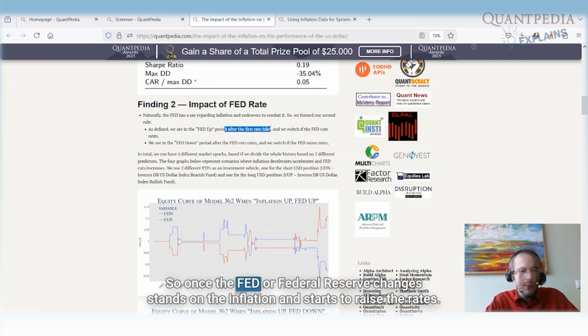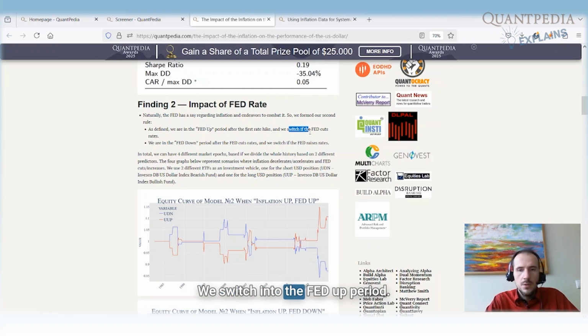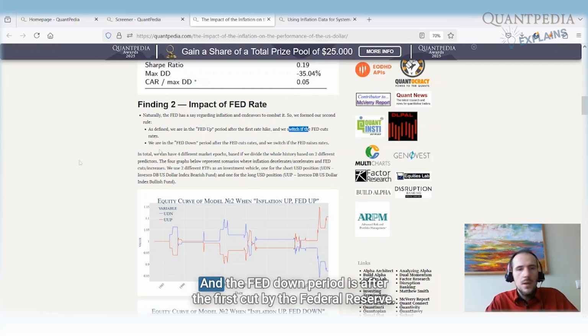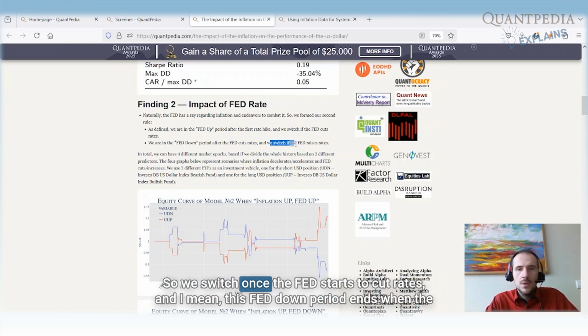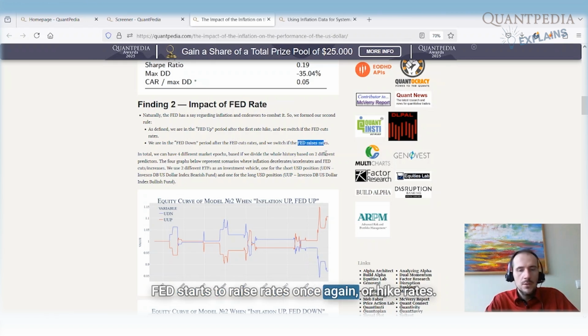So once the Federal Reserve changes stance on inflation and starts to raise the rates, we switch into the Fed up period, and the Fed down period is after the first cut by the Federal Reserve. So we switch once the Fed starts to cut rates, and this Fed down period ends when the Fed starts to hike rates once again.